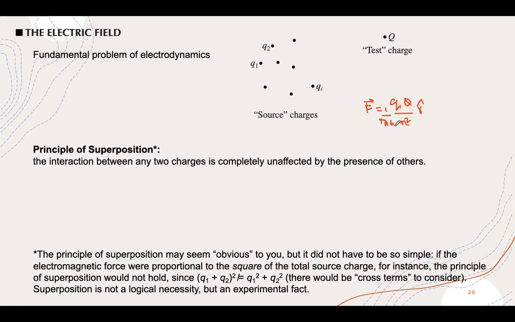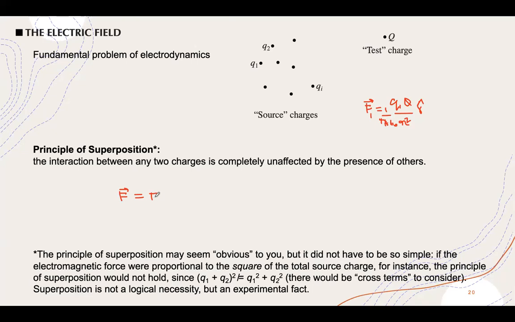But now the principle of superposition says that if one charge Q1 has this force on the test charge, then we can add these forces similarly with F2, F3, F4, and so on. The total force will be the sum of all those forces, and it should be a vector sum.